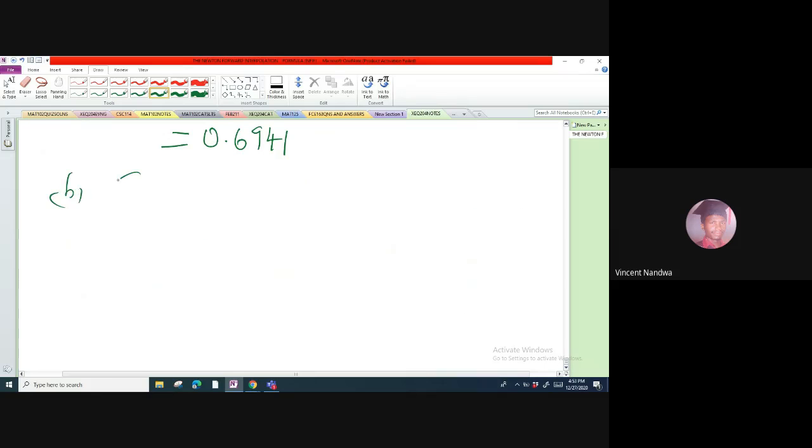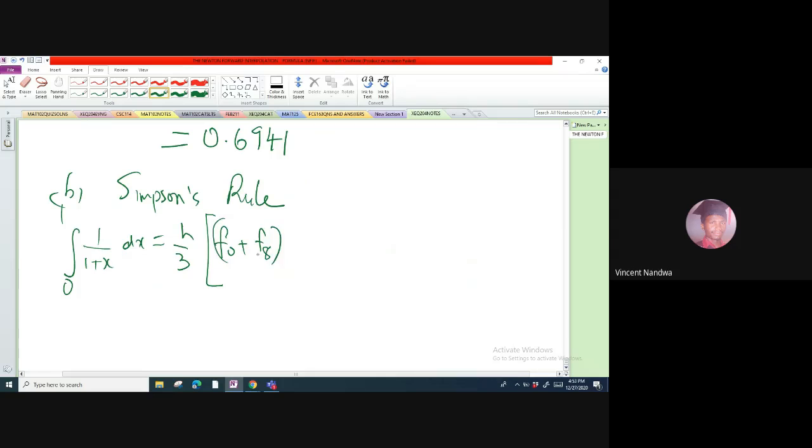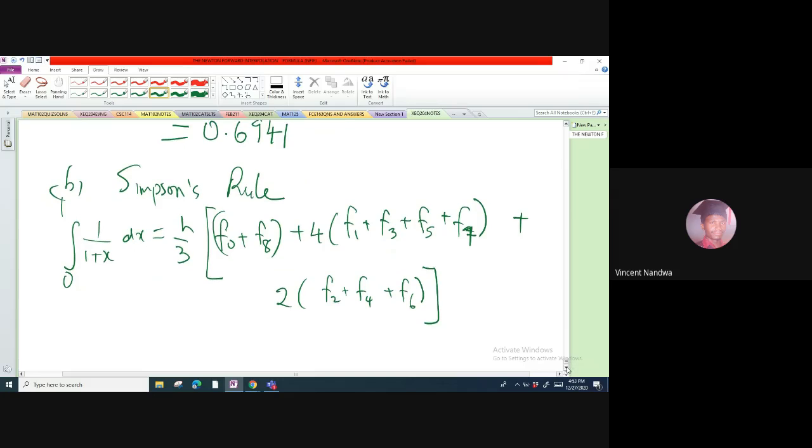Now Simpson's rule will have the integral from 0 to 1 given by h over 3 into f0 plus f8 plus 4 into f1 plus f3 plus f5 plus f7, then plus 2 into f2 plus f4 plus f6. So let's substitute in the values.